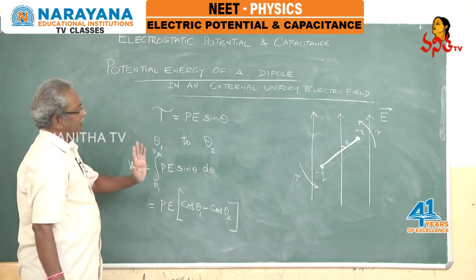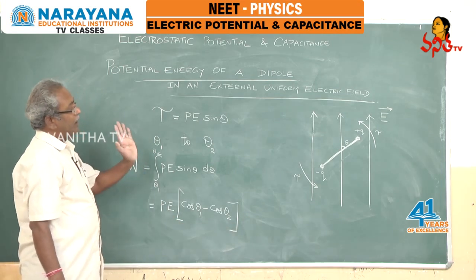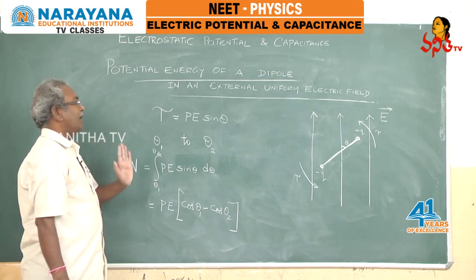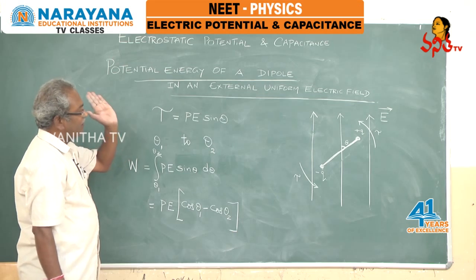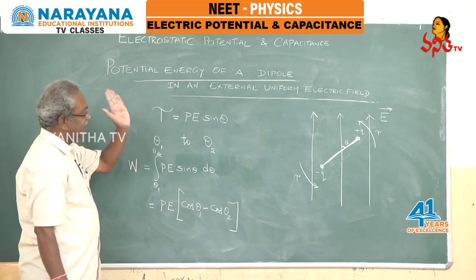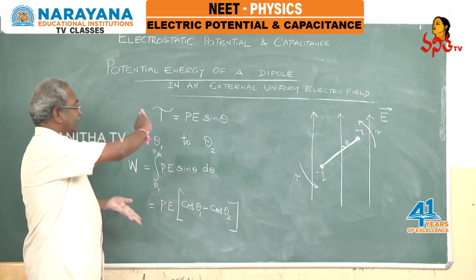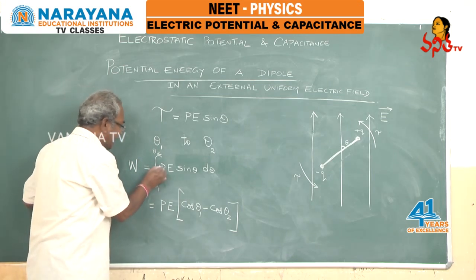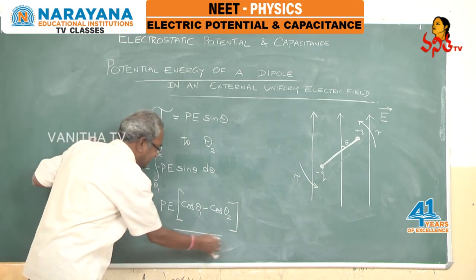Where here, if the dipole is to be rotated against the electric field, from an initial angle theta 1 to the field to a final angle theta 2 to the field, that is in the opposite direction, you can put the negative sign here. The consequence is nothing but this.